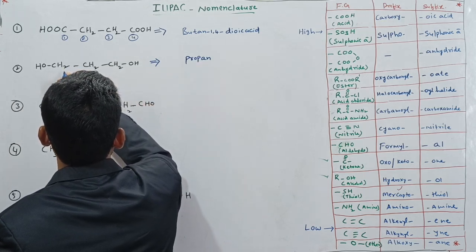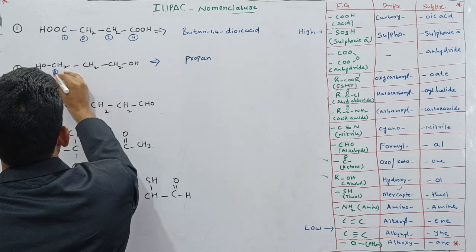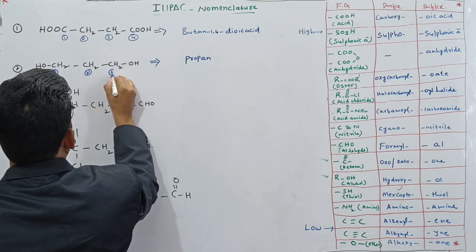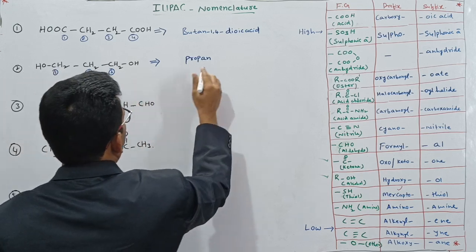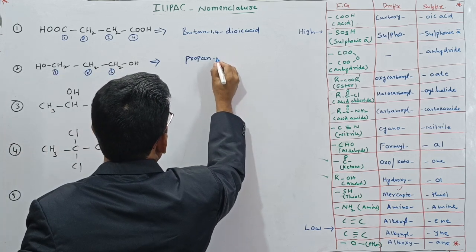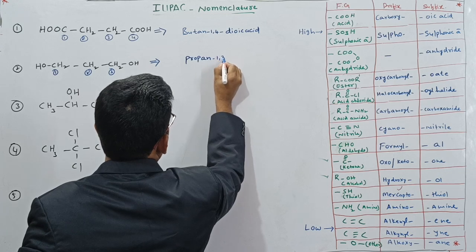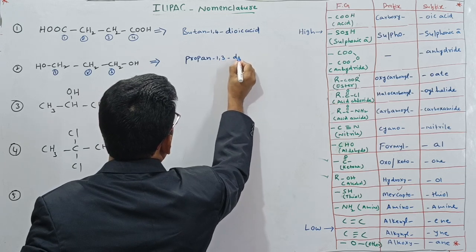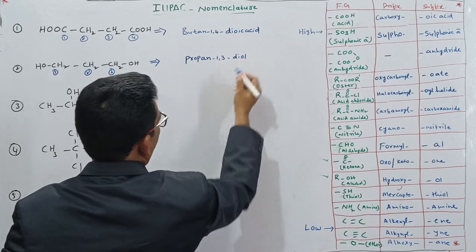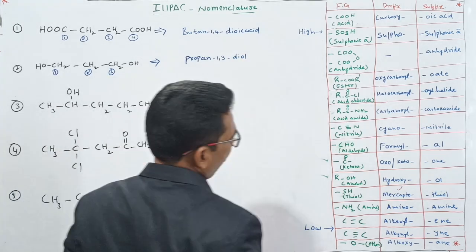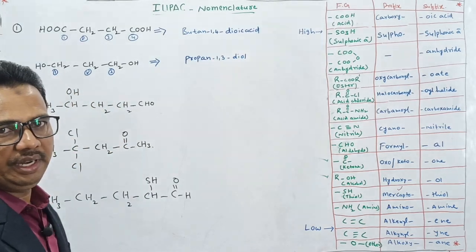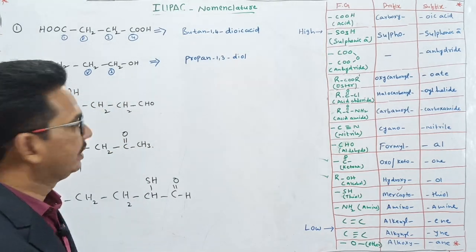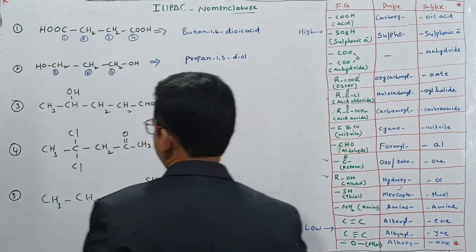Then which positions? Give the numbering 1, 2, 3. We cannot give numbers to oxygens, only to carbons. Then propane-1,3-diol. Ol is the suffix for alcohols, that's why we are writing diol. 1,3-diol.